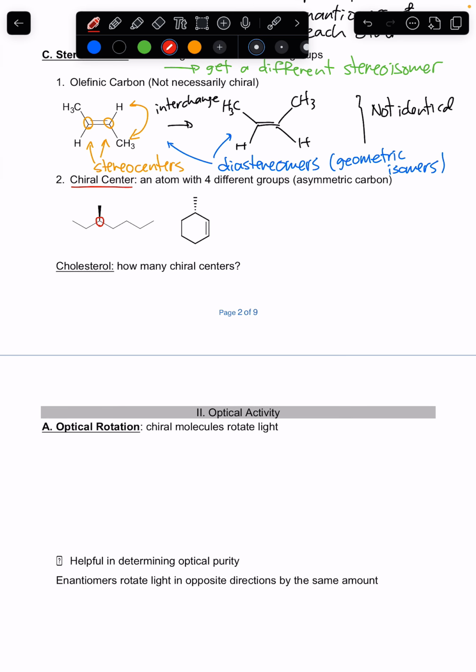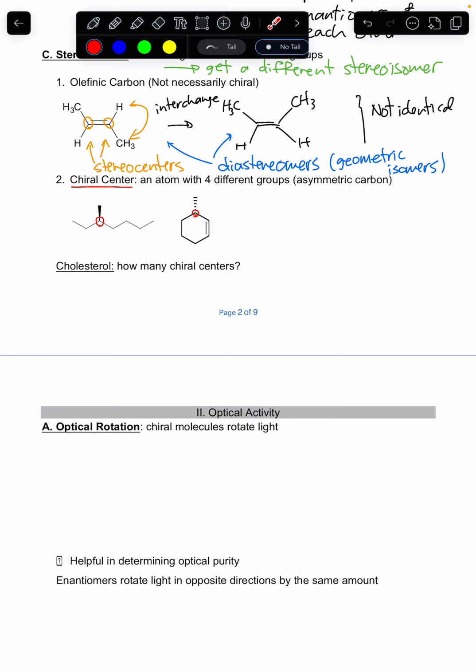Here's a chiral center, here's a chiral center. Why is that? Because this carbon has a methyl group, ethyl group, and a butyl group, and not to forget that there's a hydrogen. So there's 4 different things attached to it. By 4 different things, we don't mean 4 different elements. These are all carbon, but different groups, right?